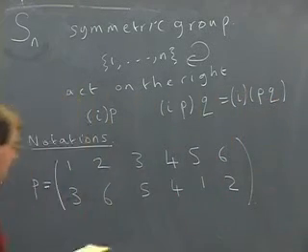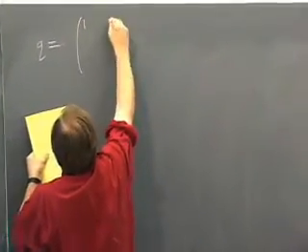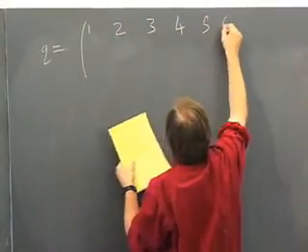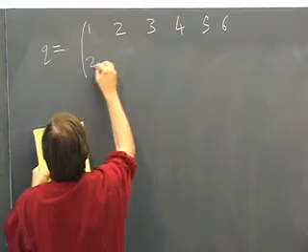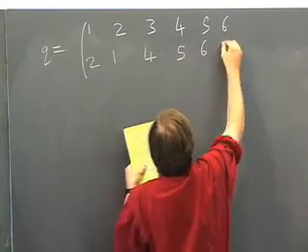Just to review how this works, let me have a second permutation Q, which will be 1, 2, 3, 4, 5, 6 on the top row and 2, 1, 4, 5, 6, 3 on the bottom.